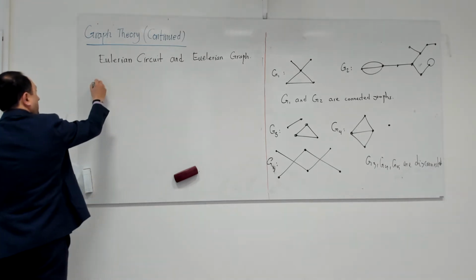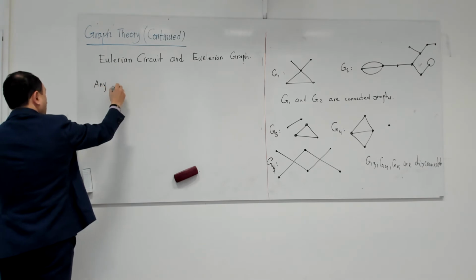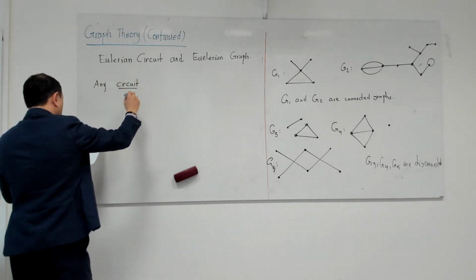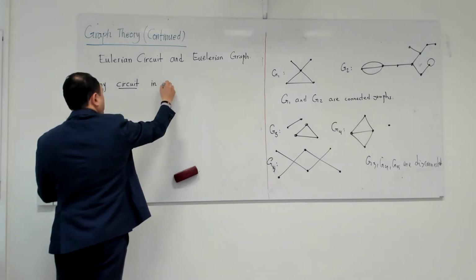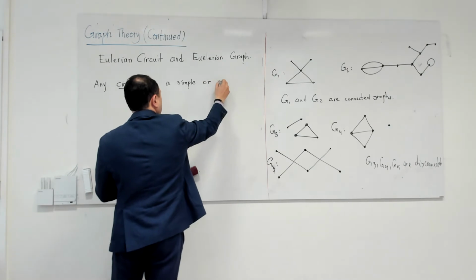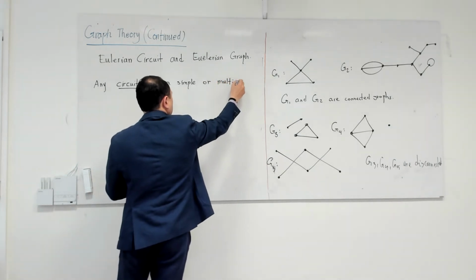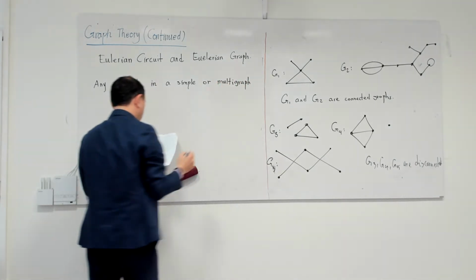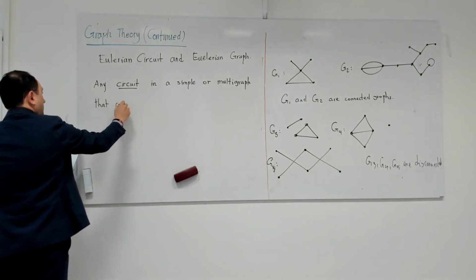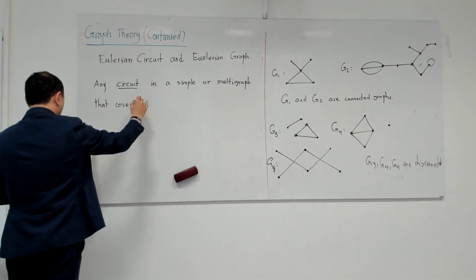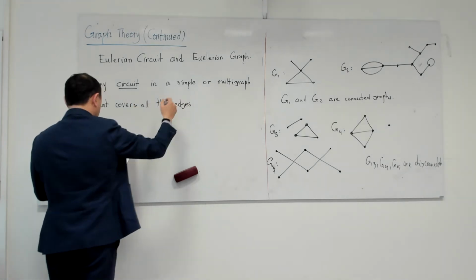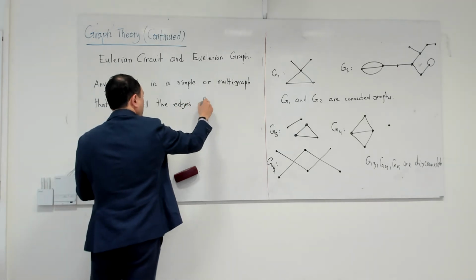So any circuit in a simple or multigraph that covers all the edges of the graph.